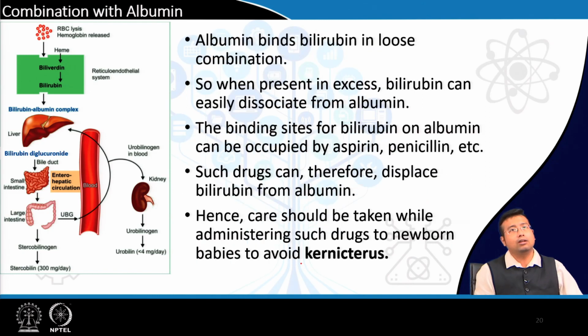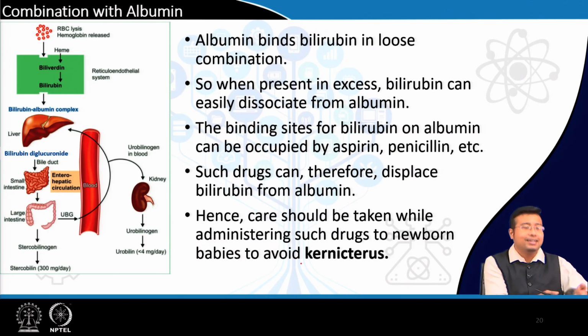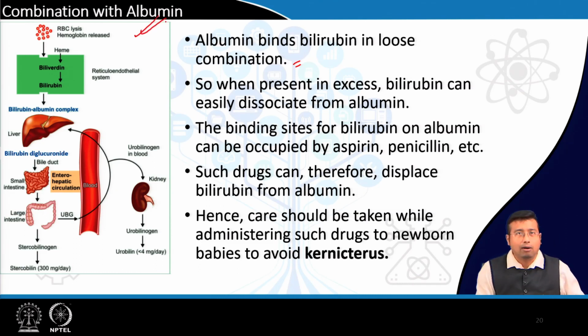After combination with bilirubin, it is then transported to the liver. You should know that this combination of albumin is actually loose, okay, it is not very tightly bound, right.